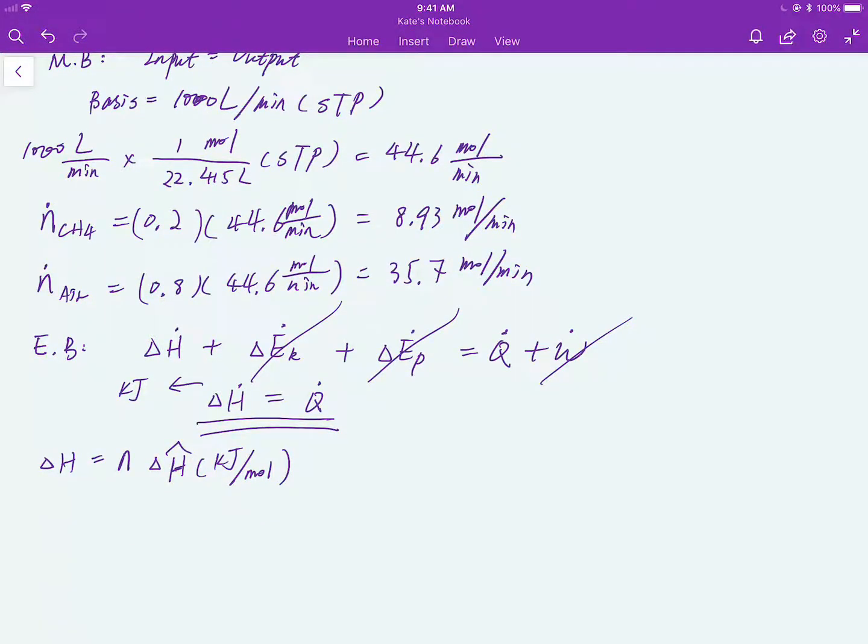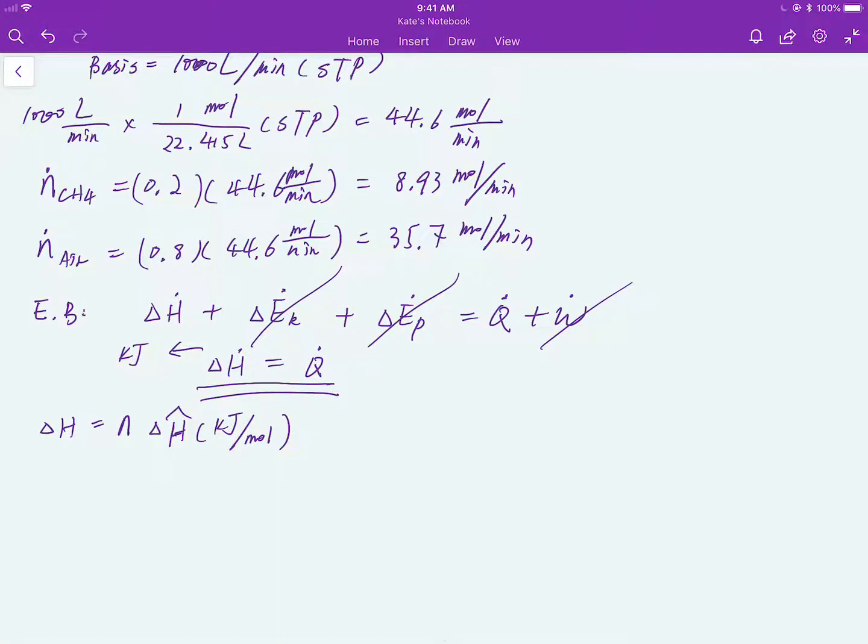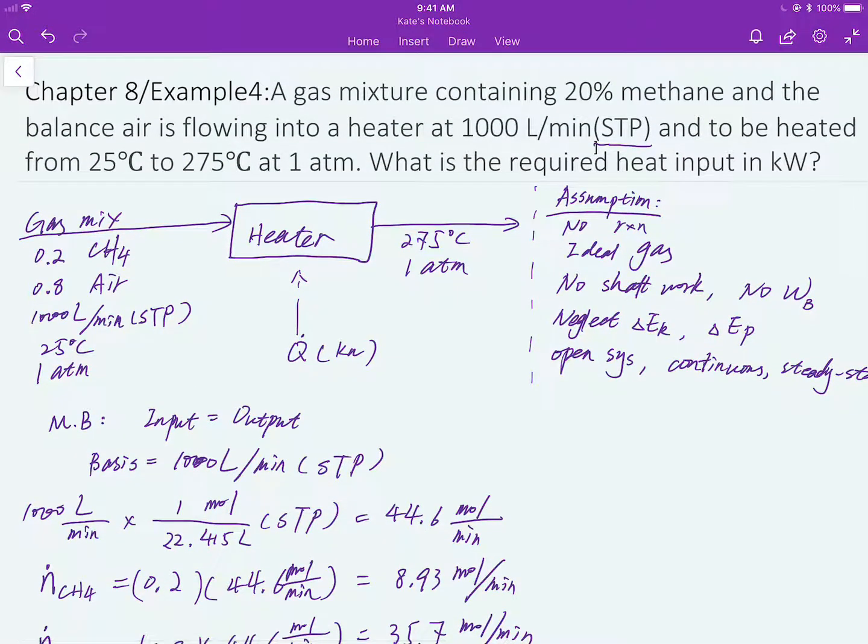Before I do that, I need to set a reference state for my initial state. We had two species in this problem statement, so we have to write a reference state for all the species. Now we have methane, that is gas phase. And I like to choose the temperature and pressure condition in my inlet stream.